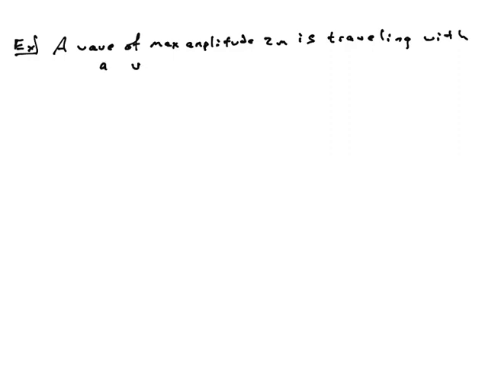A wave of max amplitude 2 meters is traveling with a velocity of 400 meters per second.